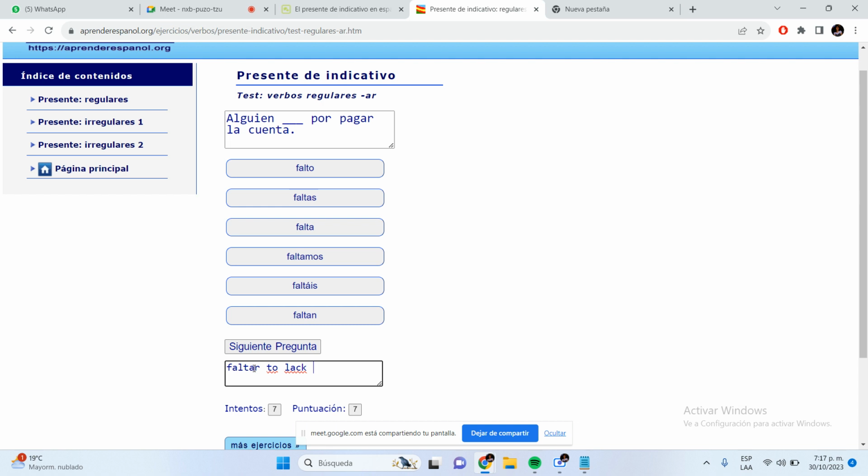So this phrase, alguien por pagar la cuenta, it's like you're paying, right? And someone misses paying the bill.